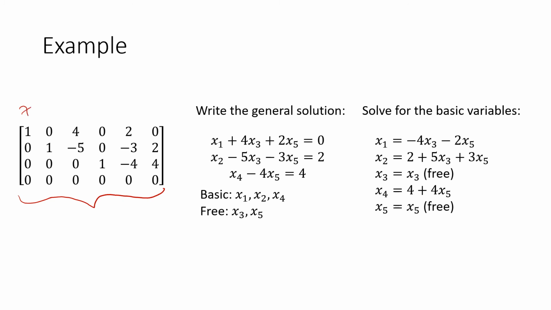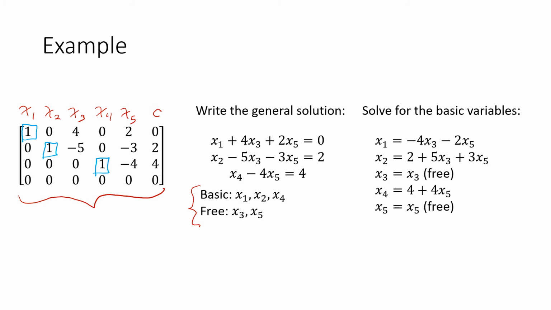We have 5 variable columns here, x1, x2, x3, x4, x5, and then a column for our right-hand constants. Where are the leading entries, or the pivot positions? Here's one, and here's one. Now that we've identified those, we know what the basic and free variables are. Our basic variables are x1, x2, and x4. Our free variables are x3 and x5.